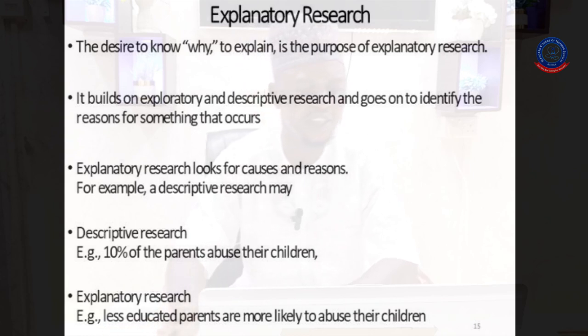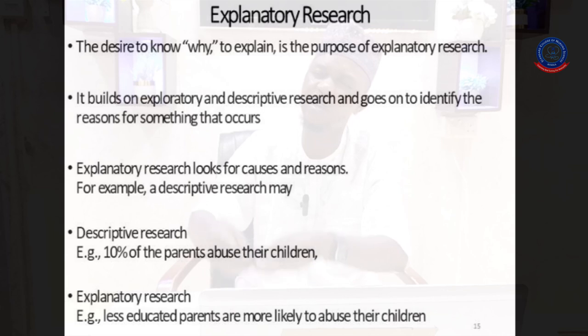For example, in descriptive research the word "may" is a probability. Descriptive research, e.g., 10% of the parents abuse their children. This is descriptive because you are trying to describe in percentage. You are trying to describe that only 10% of parents are abusing their children.